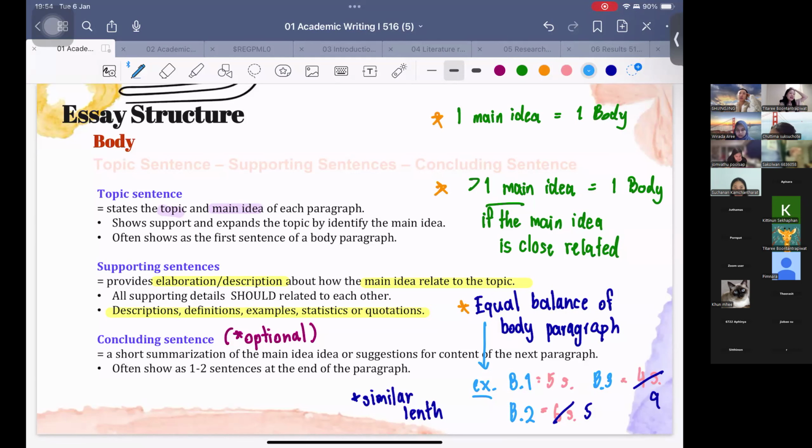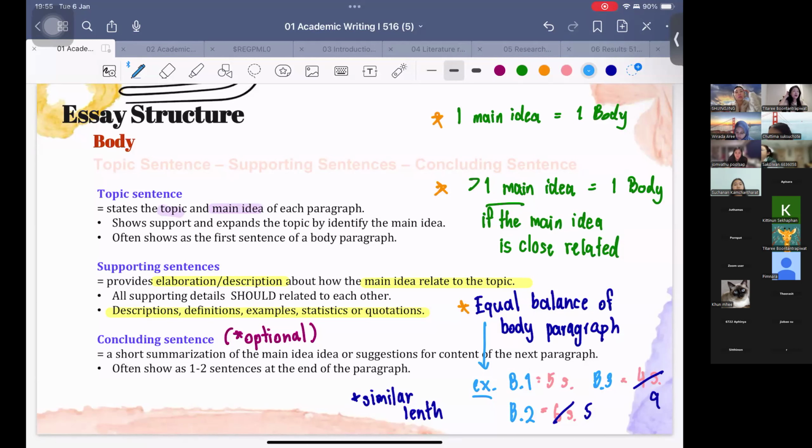Like in this one, body paragraph 1 has 5 lines, and then body paragraph 2 has 6 lines or 4 lines, that is possible. But if body paragraph 3 has 9 lines, it would be a little bit imbalanced. So for each paragraph that you have, if it's possible, try to make each body paragraph somewhat similar in length.